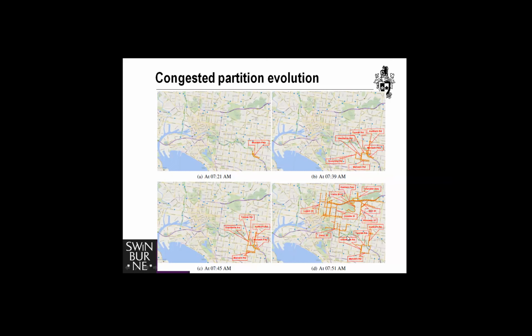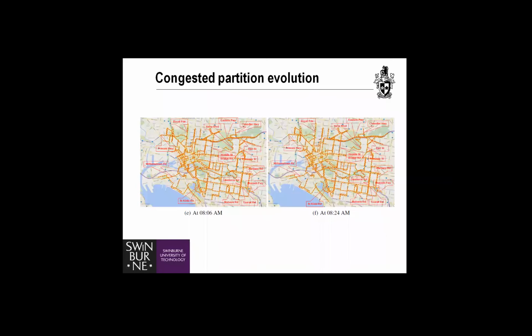Then at the next time point, we see that these congestions have grown from their locations and merged with all the different congestions, and the whole network is congested at this time point, 8:24 in the morning. So it is just some analysis on how the congestion is spreading in the morning.